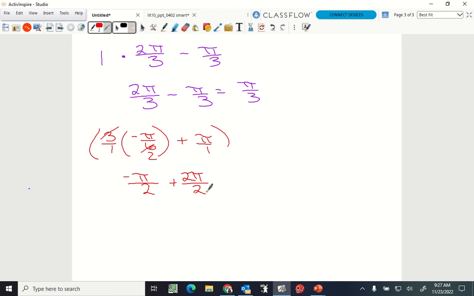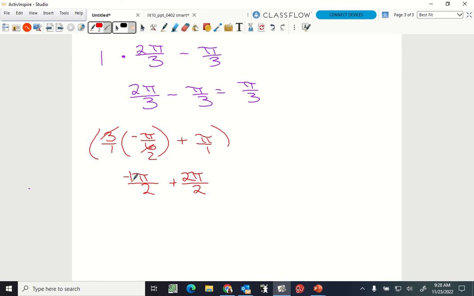Now let's do the math. So negative pi over 2 plus 2 pi over 2 is going to give me, it's -1 right here. So they're common denominators. I have a -1 pi plus 2 pi, so it's -1 plus 2.